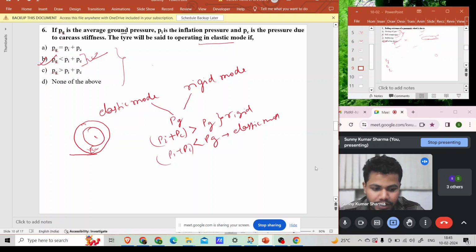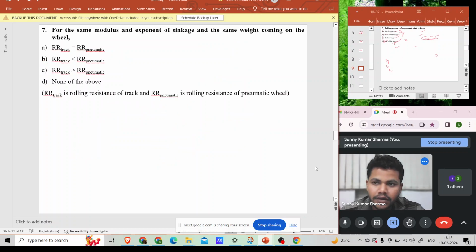Okay, we are moving then to the next question. If you have any issue, you can write. We will discuss this. For the same modulus and exponent of sinkage, with the same weight coming on the wheel, which of the following equations or expressions holds true? This is also directly from the tutorial.